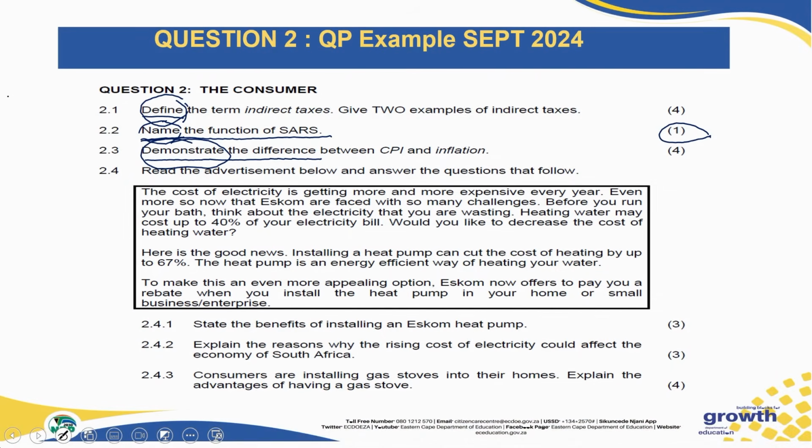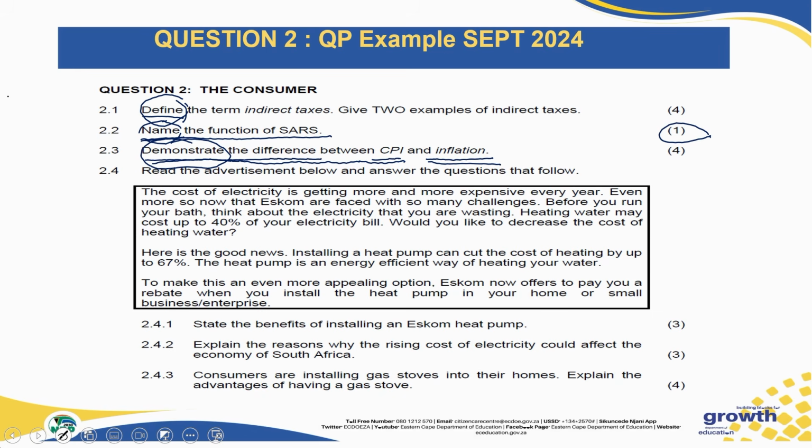When you name, you only provide one sentence as the mark allocation is indicated. When you define, you have to provide the meaning of the concept, and you can even provide examples. And when you demonstrate the difference between concepts, for example, in this question paper, we have CPI and inflation.